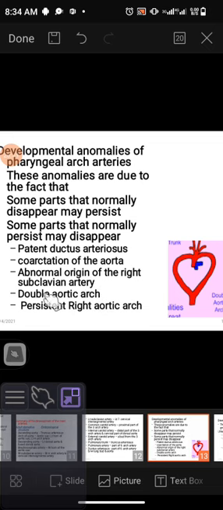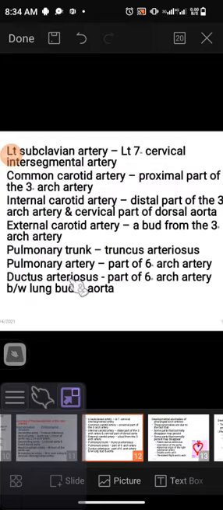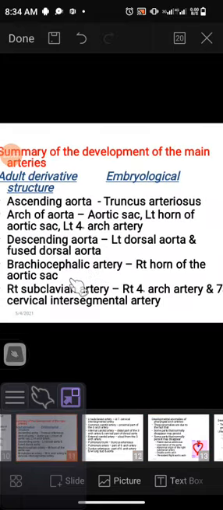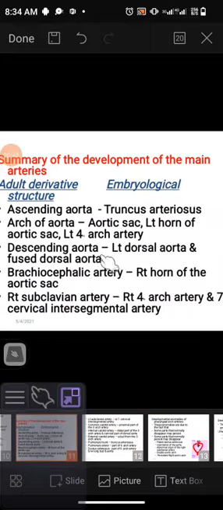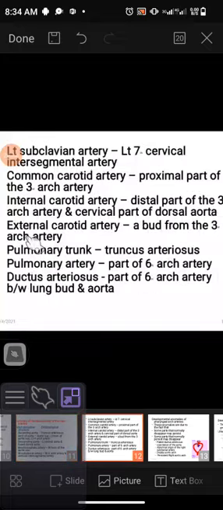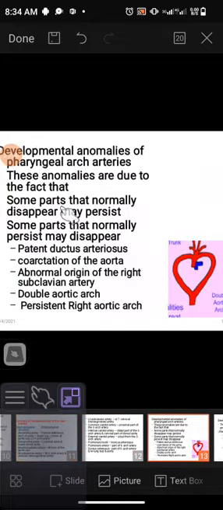This should be coming from the left horn of the aortic sac. So if the right horn is there to give out this, it's going to be a double aortic arch, and we don't want that. And we have abnormal origin of the right subclavian artery, double aortic arch, patent ductus arteriosus.